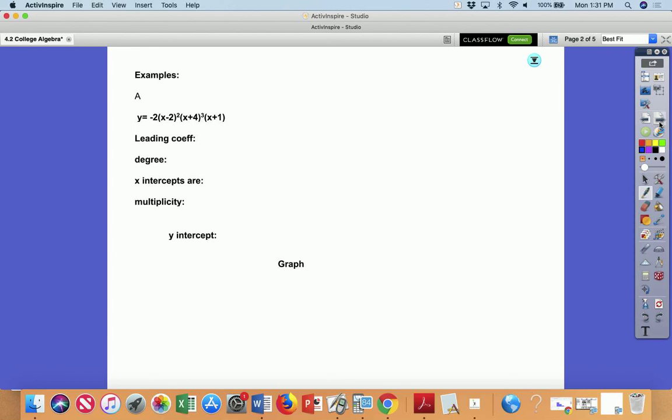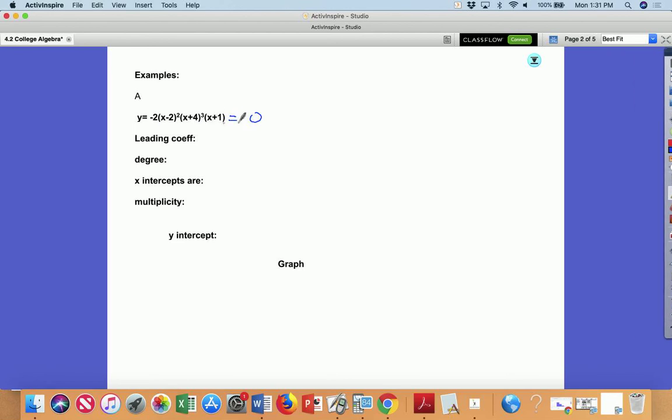The x-intercept would be a value of x that is a solution of the equation, something that when you plug it in makes this expression equal to 0, which in this case would be 2, negative 4, negative 1. Those are your x-intercepts. What's another name for those things? Your zeros of your function, right? Or the solutions of your equation.